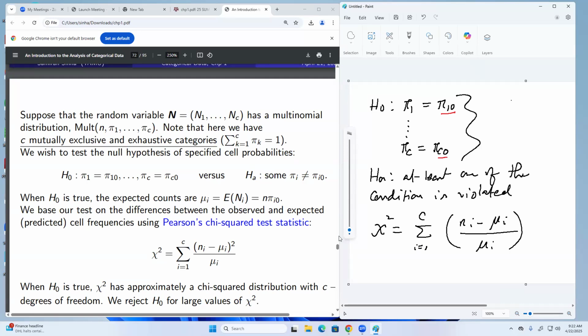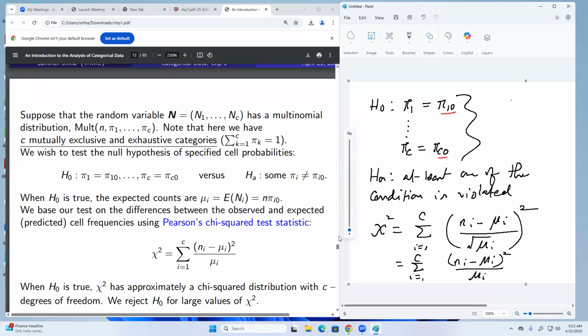So take the difference, ni minus mu i, square it, and divide it by mu i. You can write it in many different ways, but it is (ni minus mu i) squared over mu i.